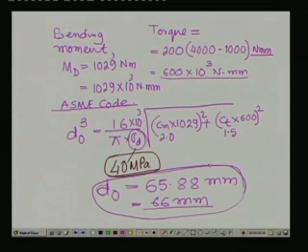Our problem is solved. For the given problem, the shaft size should be 66 mm.